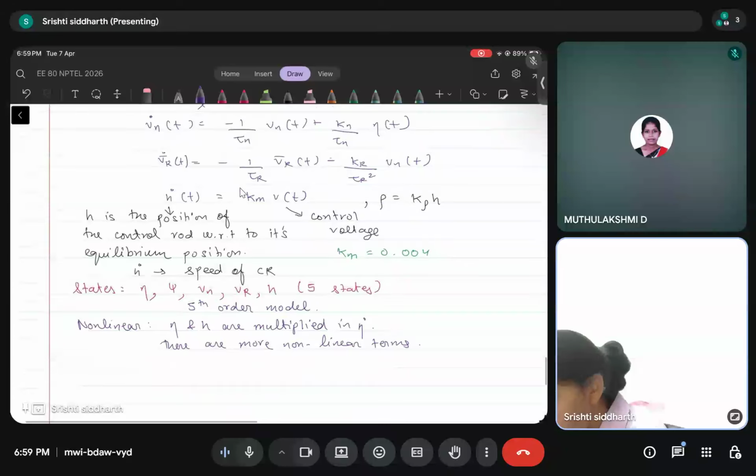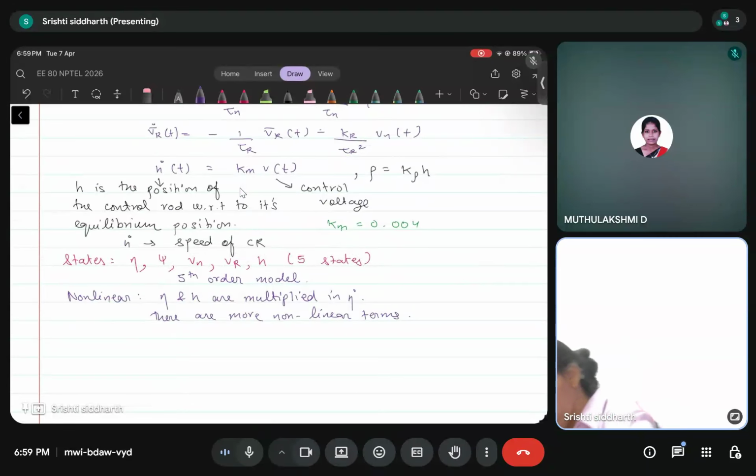So what's the input? The input is the control voltage, right? Input is the control voltage of t.